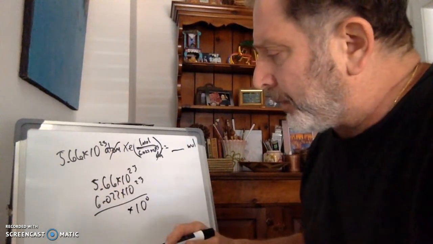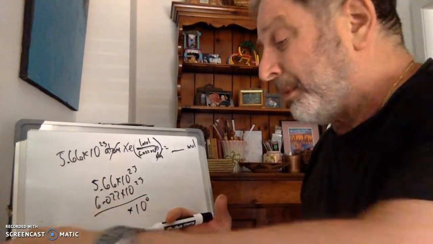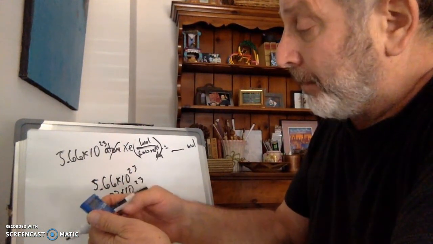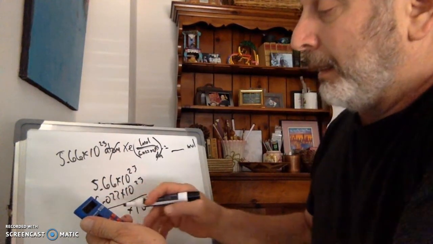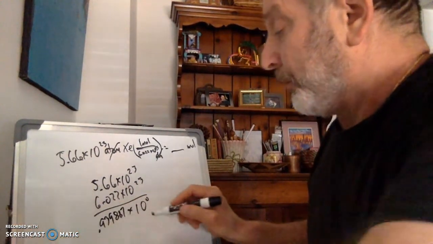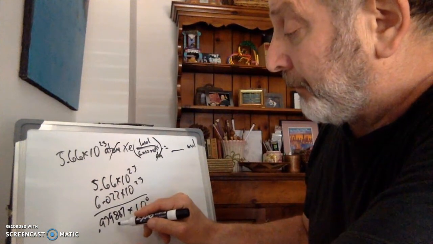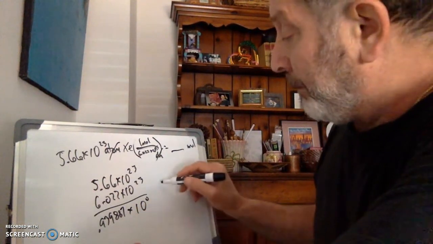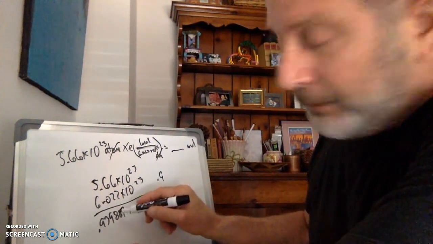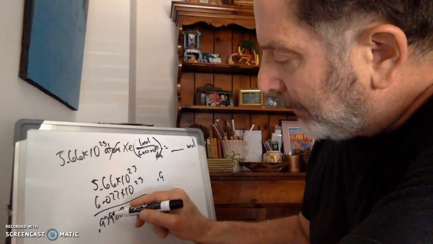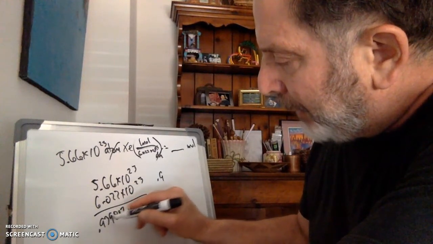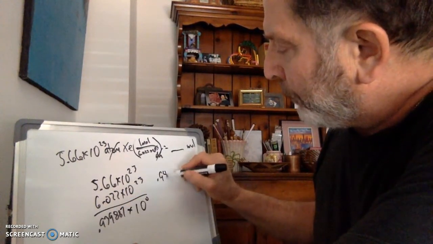And what's 5.66 divided by 6.022? Well, it's a little bit less than 1, isn't it? 5.66 divided by 6.022, and that's 0.939887, which we will round off to 3 significant figures. Well, how do we do that? Look at this. This 8 rounds that up to a 10, which rounds that up to a 4, which stays the same, but how can we have three significant figures? 9.40.